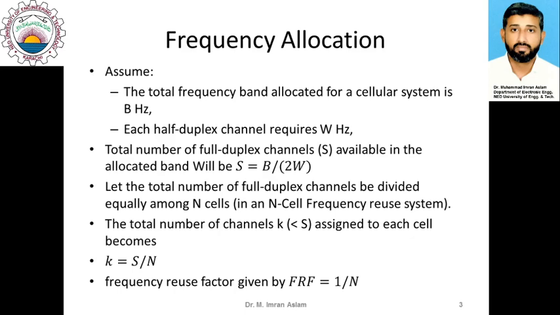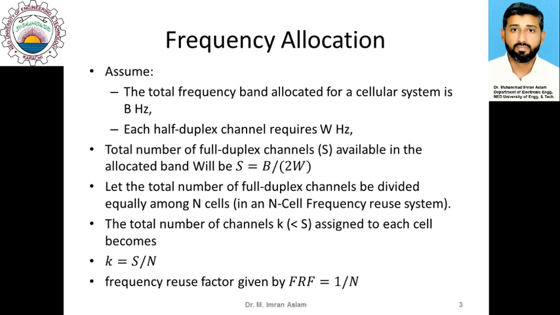Now if we want to use the cellular system, we have to divide these total available channels among different cells. How many different cells need to be allocated different frequencies depends on the cluster size. So if we have a cluster size of N cells, we need to divide the channels into N cells.